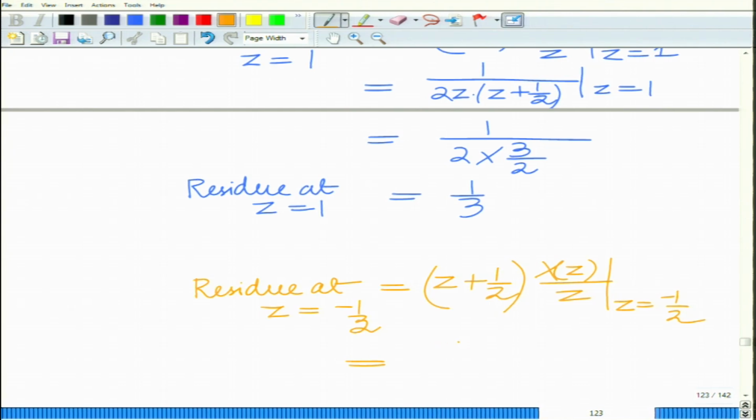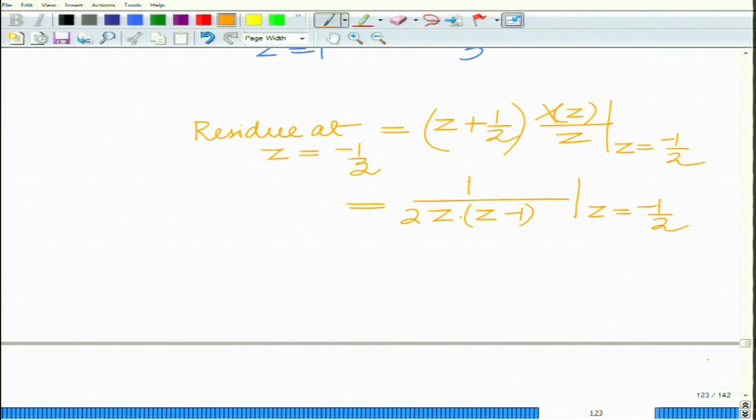So, this will be 1 over twice z into (z minus 1) evaluated at z equal to minus half. So, this will be 1 over twice into minus half into (z minus 1), which equals minus 3 over 2. So, this will be plus 2 over 3 actually.